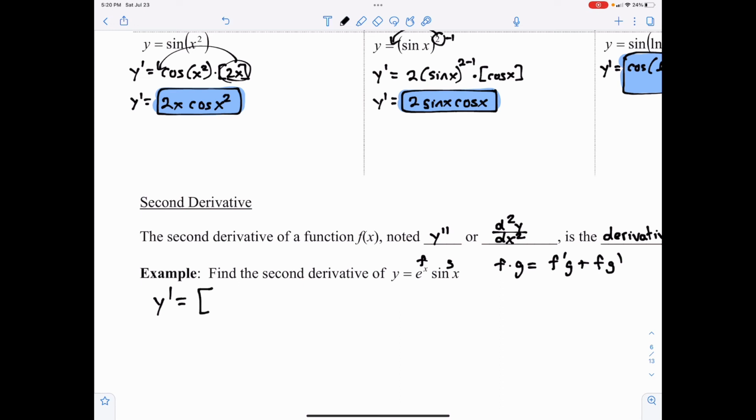The derivative of e to the x is the same, e to the x, times the original g, which was sine of x, plus e to the x times the derivative of sine, which is cosine.